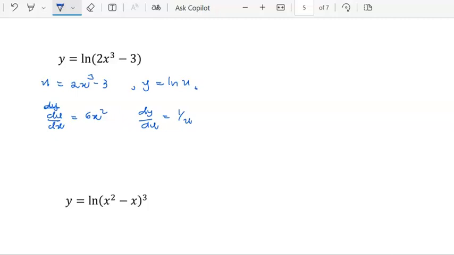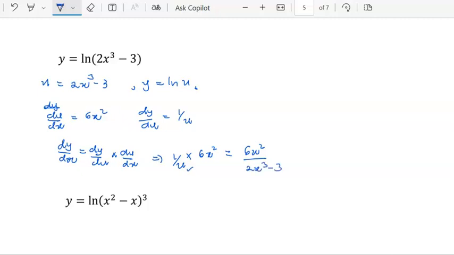That means our dy dx is equal to dy du multiplied by du dx, which is 1 over u multiplied by 6x squared. So your answer here is 6x squared over u, and what's your u? 2x cubed minus 3, like that.